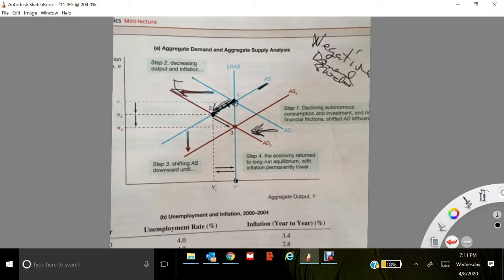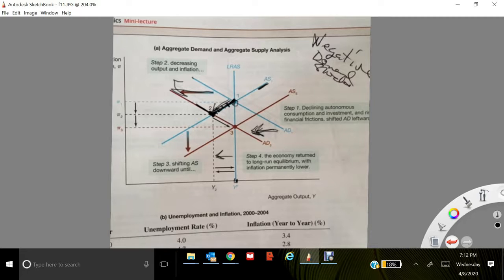So we arrive at point 2, the equilibrium of our shifted demand curve and original supply curve. And we know what's going to happen here. We're below potential output.